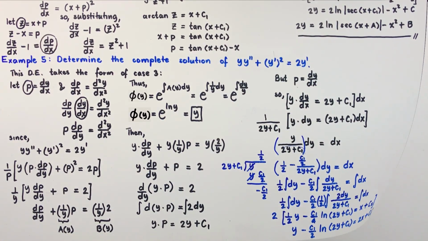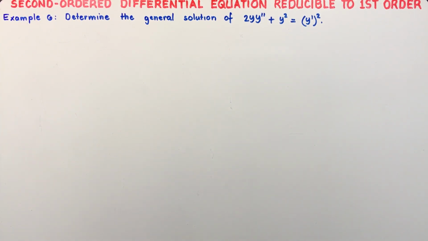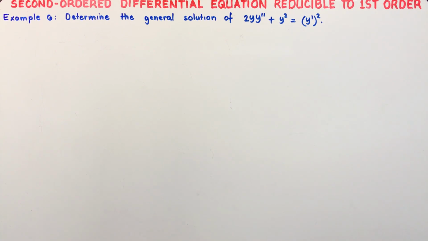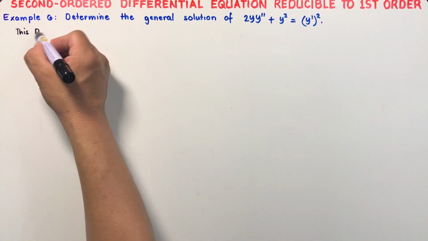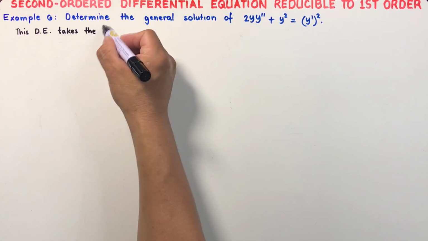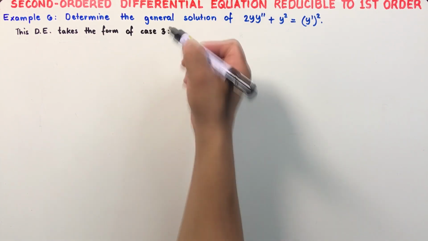Now let's proceed to our example number 6, our last example. Now you notice that in this differential equation, we don't have the variable x. So we say that this differential equation takes the form of case number 3.